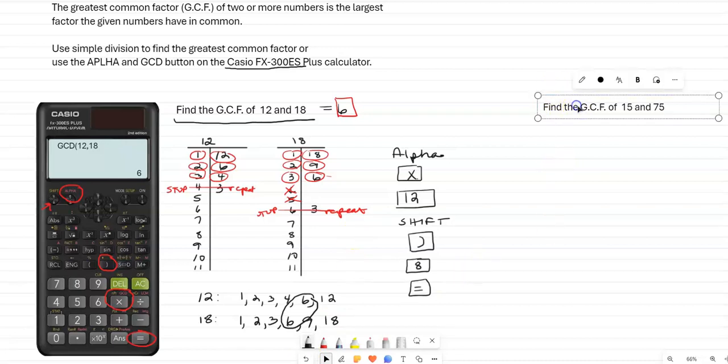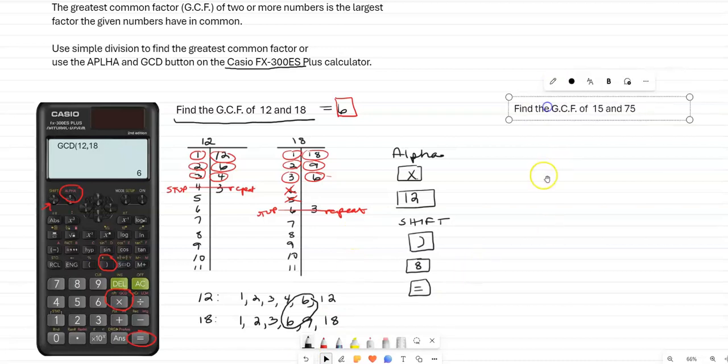All right, so let's practice using your calculator to find the GCF for the next example. And we'll also look at the long way of doing it. So find the GCF of 15 and 75. On our calculators, we want to first press the alpha button, then the multiplication button.